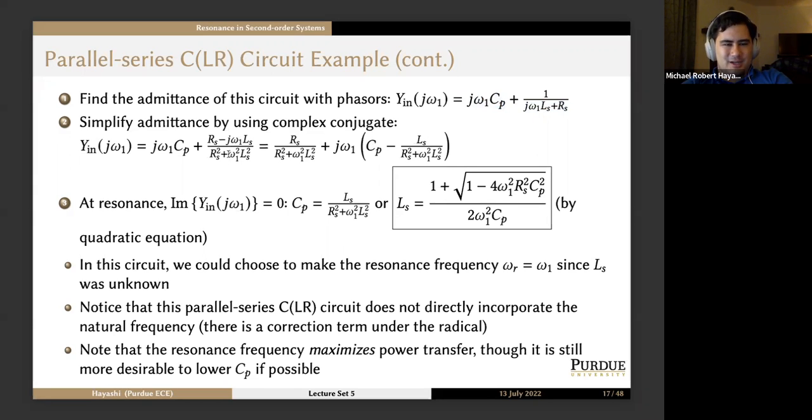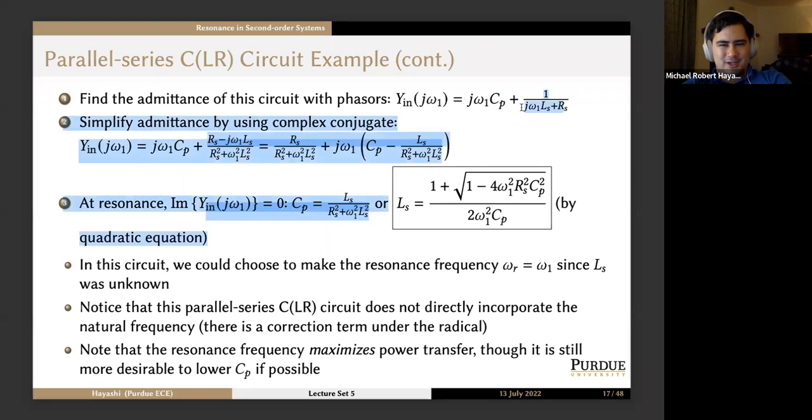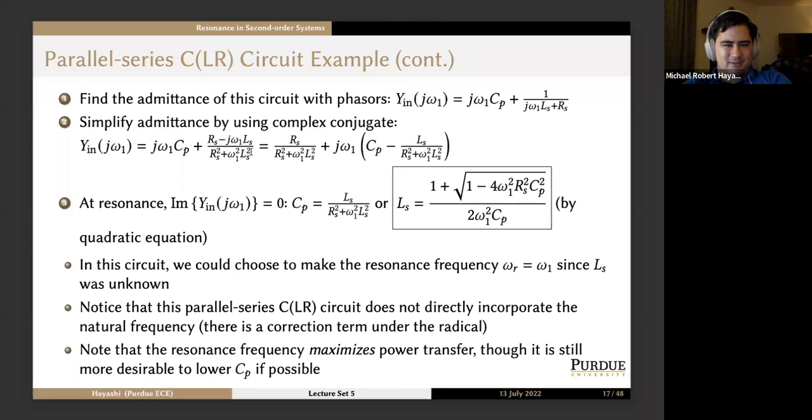I really don't want to figure out what is real and what's imaginary by looking at a division, so I can get a fully real denominator by multiplying by the complex conjugate of the denominator. We'll get Rs squared plus omega 1 squared Ls squared, which is purely real. Then we get a real part, Rs over that, and an imaginary part, minus j omega 1 Ls over that denominator, which can be grouped together to get this.